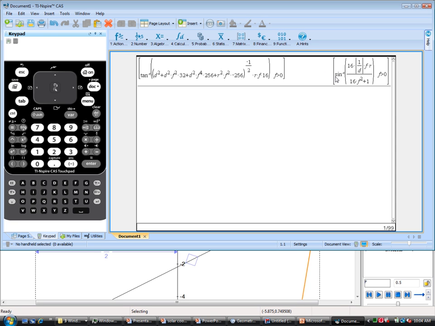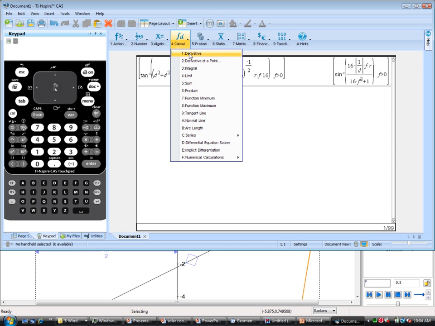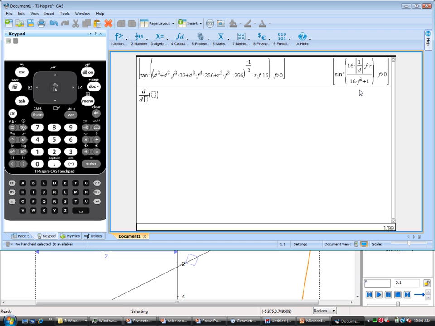What I'd like to do is differentiate that. So let's do that. Derivative with respect to, and notice Inspire has changed my f from capital to small. It's going to cause me a bit of a problem in a minute when I copy it back. However, let's not worry too much about that right now. I'm going to differentiate this with respect to f.